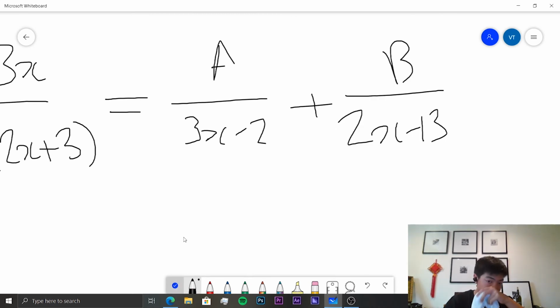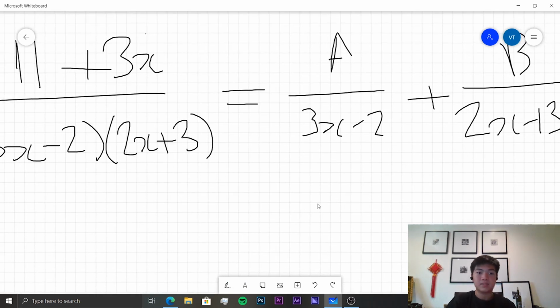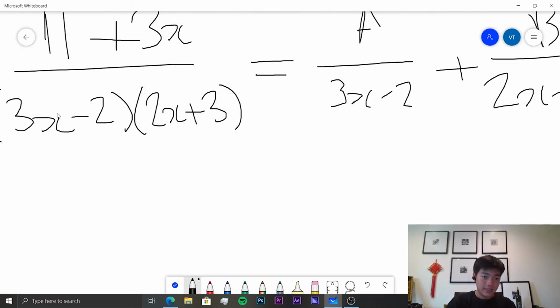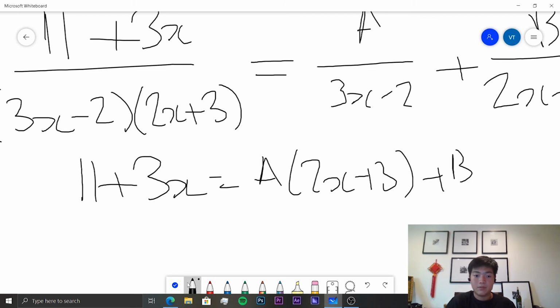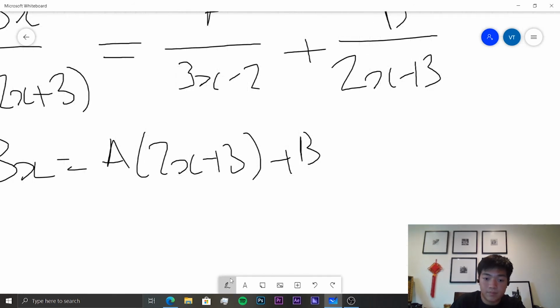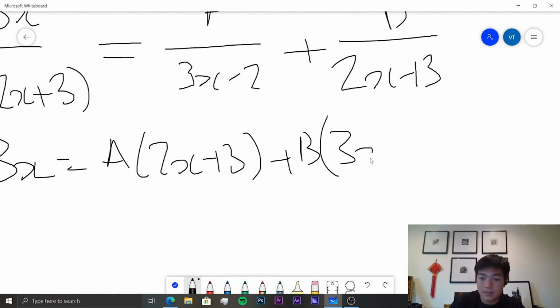And we need to find out what a and b are. Multiplying both sides by this denominator, we get 11 plus 3x is equal to a times 2x plus 3 plus b times 3x minus 2.